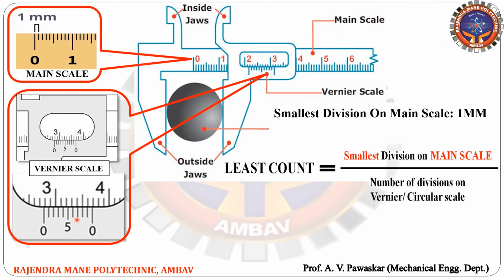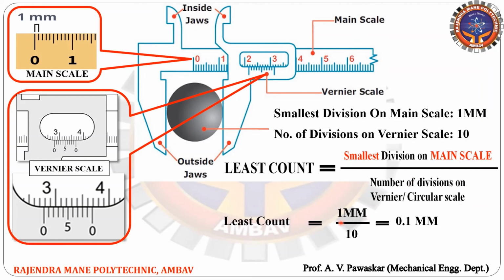So the number of divisions on Vernier scale is 10. Putting the values in the formula, least count equals the smallest division on main scale, 1 mm, divided by the number of divisions on Vernier scale, 10. So 1 by 10 gives 0.1 mm. So the least count of that Vernier caliper is 0.1 mm. By using this formula, we can calculate the least count of any instrument, right? Have you got the concept of least count? Okay. Meanwhile, prepare your notes.